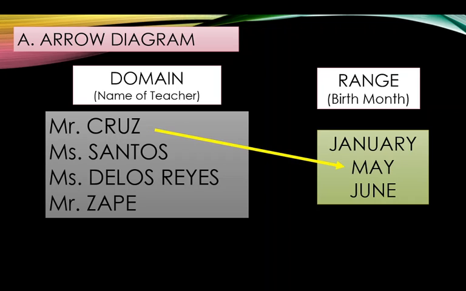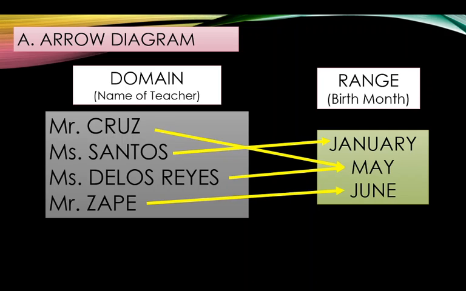So Mr. Cruz to May means that the birth month of Mr. Cruz is May. Miss Santos is on January. Miss De Los Reyes is on May. And Mr. Zape is on June. So this is an example of an arrow diagram.